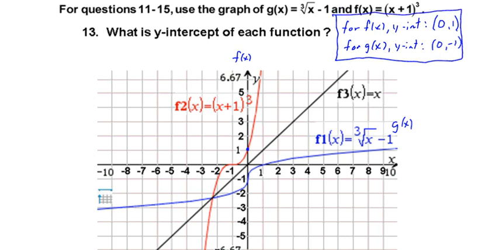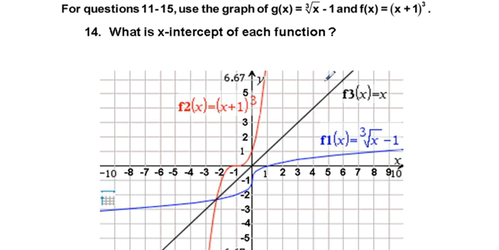Okay, problem 14. What is the x-intercept of each function? Again, our cube root function is going to be g of x. Our cubic function here is going to be f of x. And so for f of x, x-intercept is going to be equal to, and here's f of x, looks like we have -1, 0.